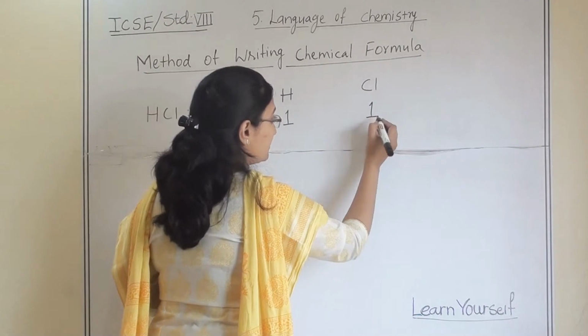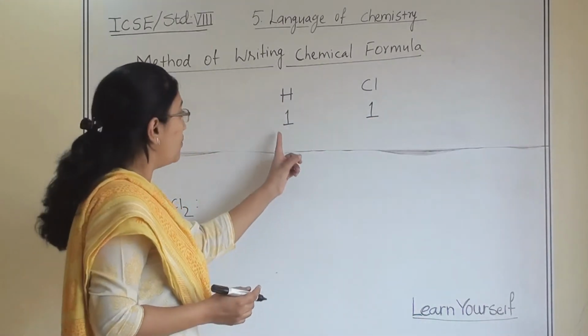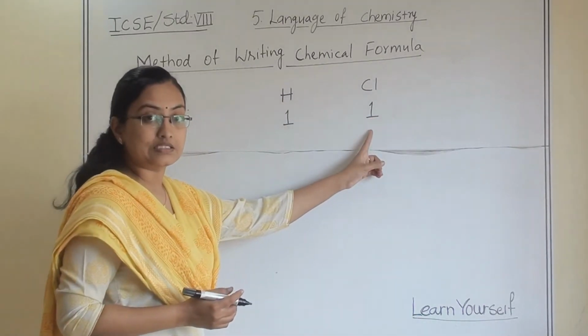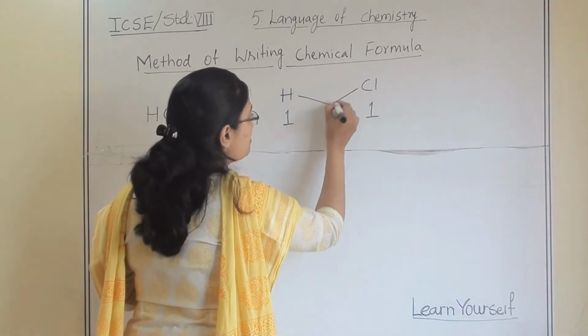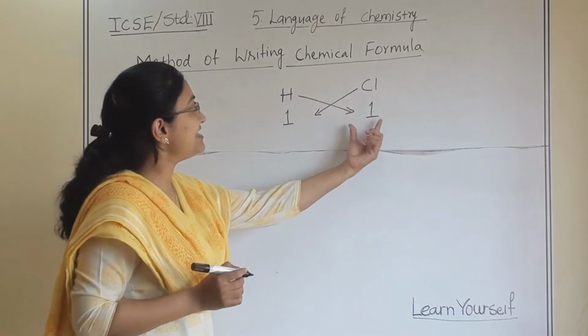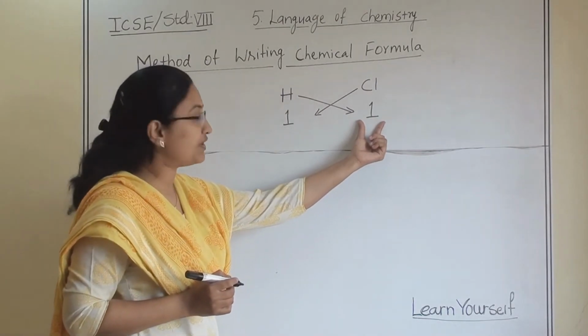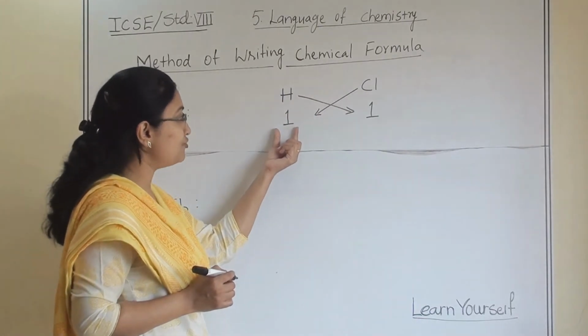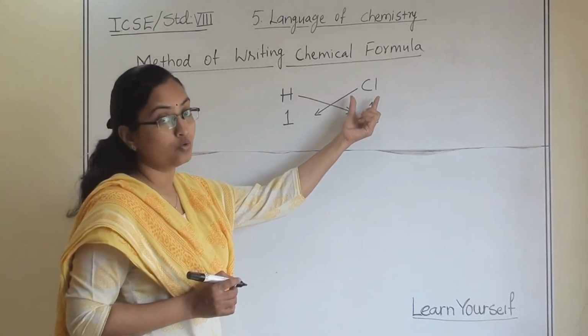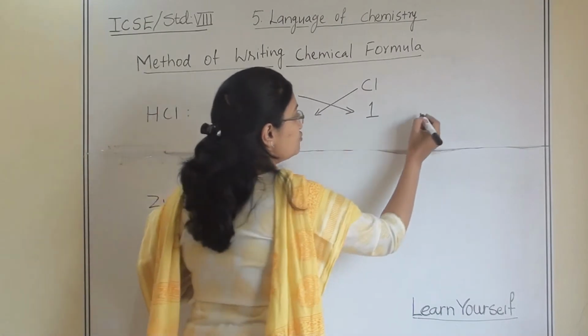It is 1. So when we are writing these two like this, then we are following one method, named the crisscross method. So whatever valency is of chlorine will be attached with hydrogen and whatever valency of hydrogen will be attached with chlorine.